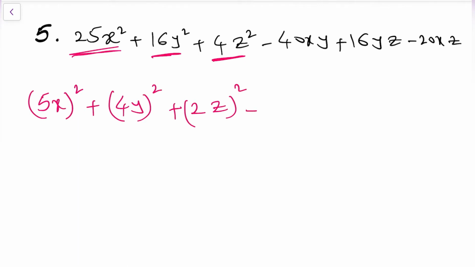This is a square plus b square plus c square.